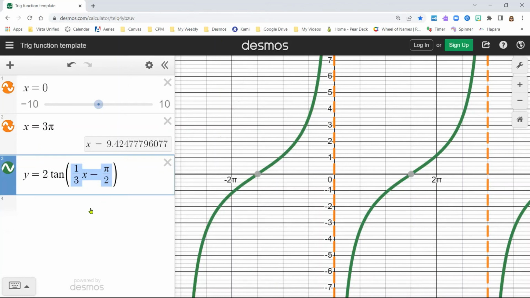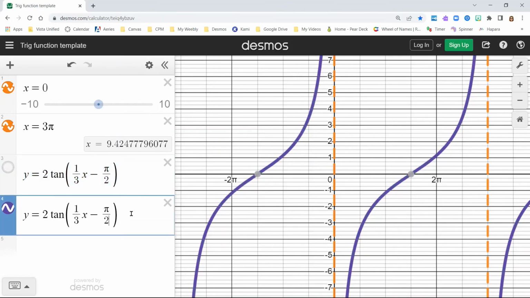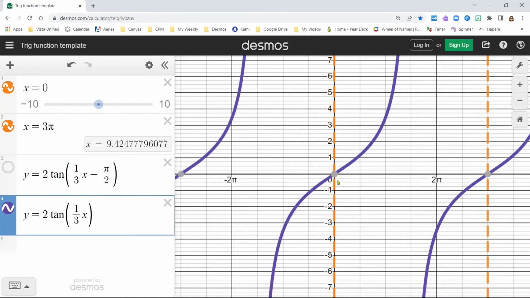I can also think about it this way. Let me copy this for a second. Okay, so we had our 1/3. Now, instead of thinking about the asymptote, I'm thinking about this point here. This point needs to be moved to the center of this, which is 3 pi halves. So I'm thinking about not my asymptotes being shifted, but that particular y-intercept point.